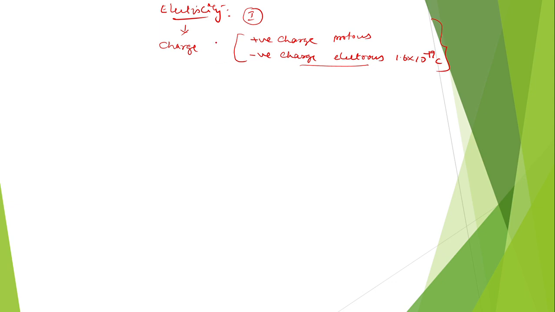So electricity means there is a charge. If it is at rest, that is called static electricity. If it is moving, that is called current electricity.